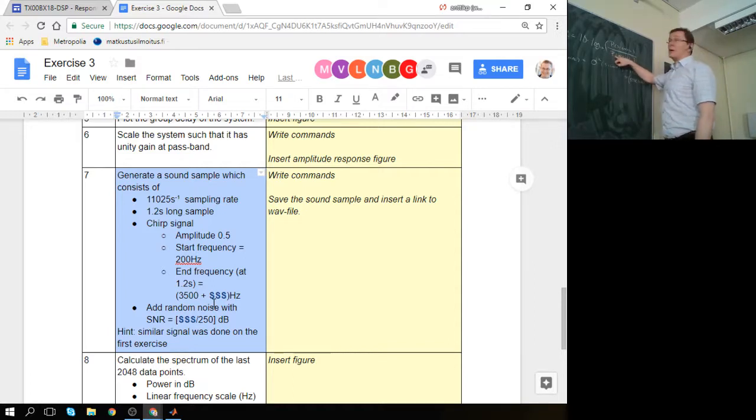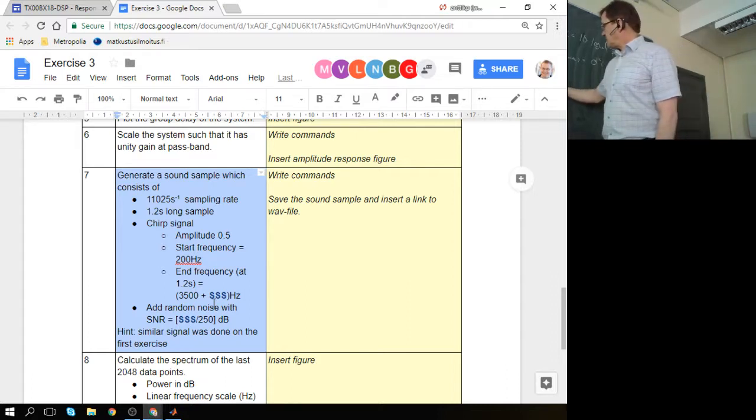Same thing for the noise. Power of noise is the same as variance of the noise, which is the same as standard deviation of the noise squared. And on this scaling of the noise, you need the standard deviation of the noise.